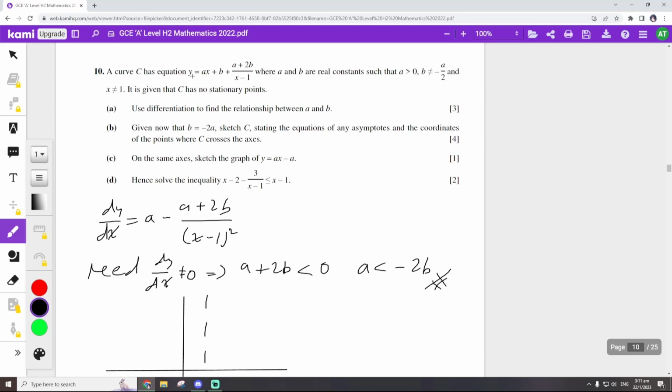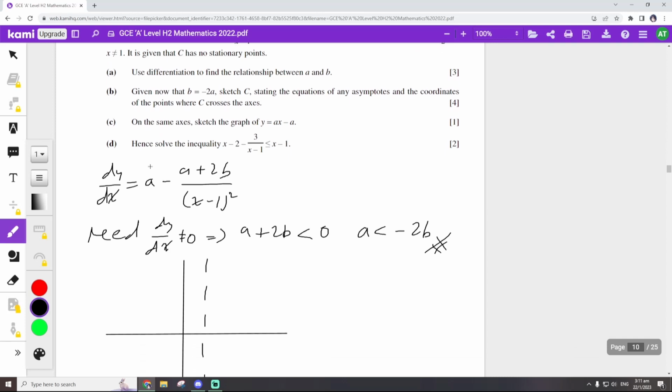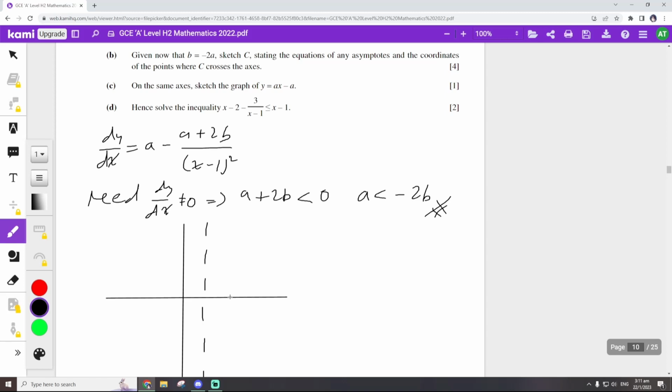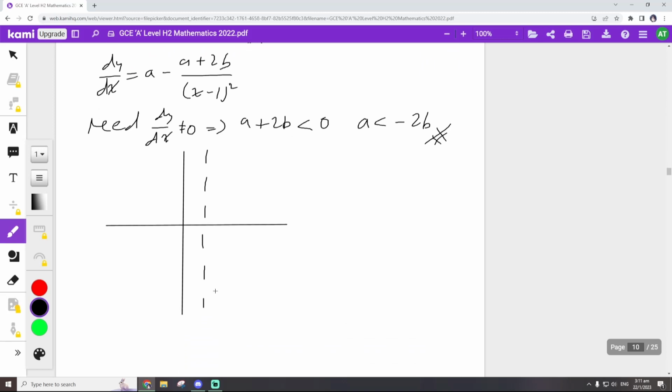The oblique asymptote is y equals ax minus 2a. Okay, so it passes through the point 2, 0. Just check that.